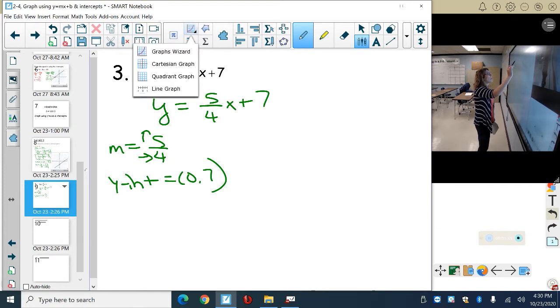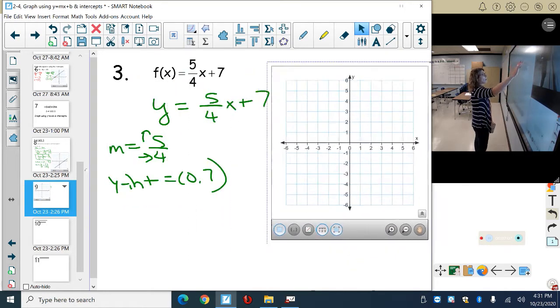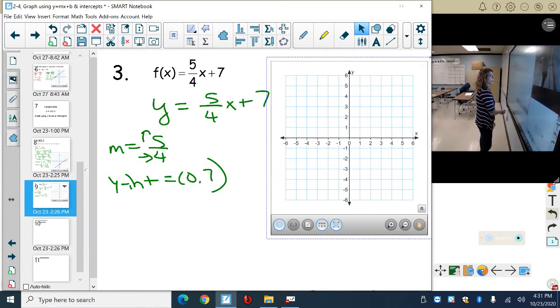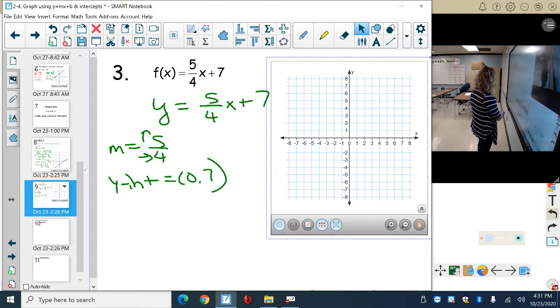So I'm going to go ahead and pull down my chart here. I'm going to plot 0, 7, and I'm going to zoom out. 0, 7 puts me right here.